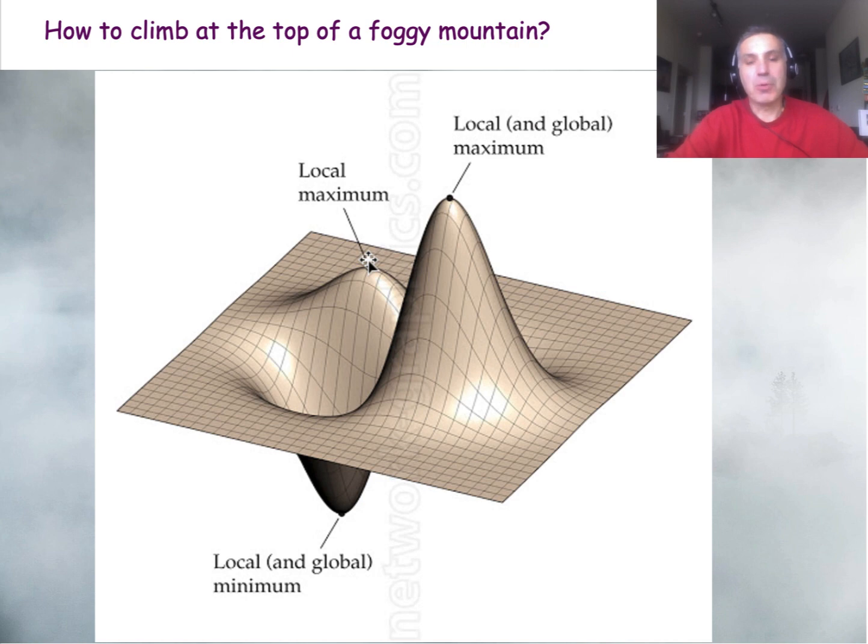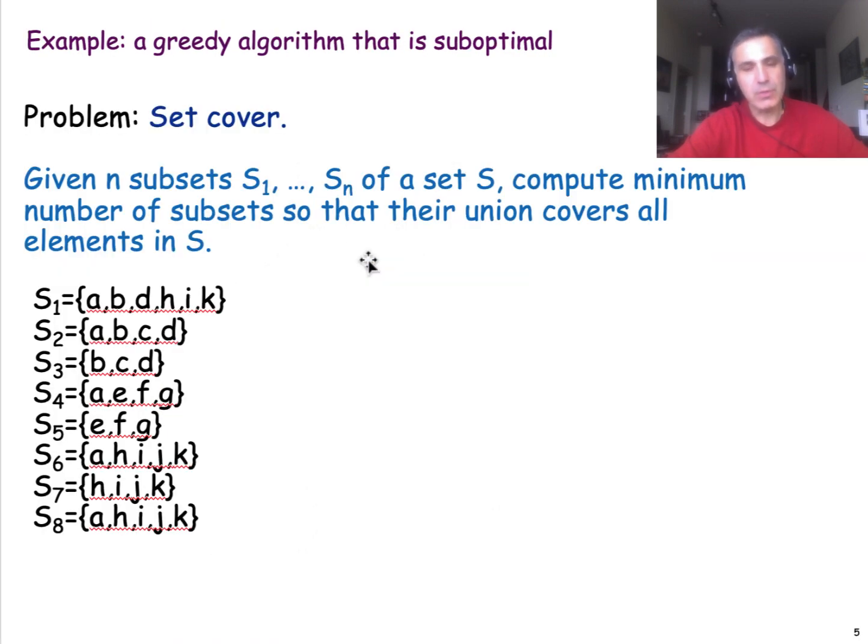However, there are problems in which the greedy algorithms actually give the optimal solution, and we will talk about some of them in this part of the course. Just to explain a bit more how greedy algorithms work, consider the following very well-known problem called the set cover problem.